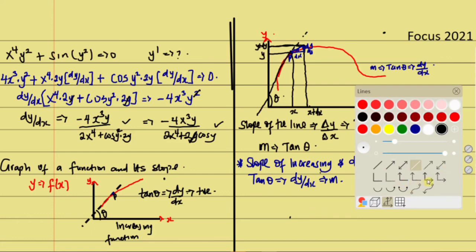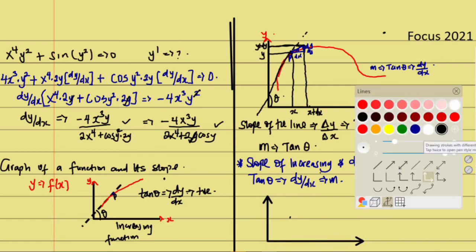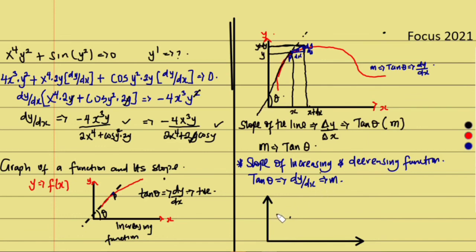Now, if the graph we are considering is not increasing, maybe we have a decreasing graph in this form, something that is going down like this. Diagram not drawn to scale, y-axis, x-axis. Then we draw the tangent from this point.